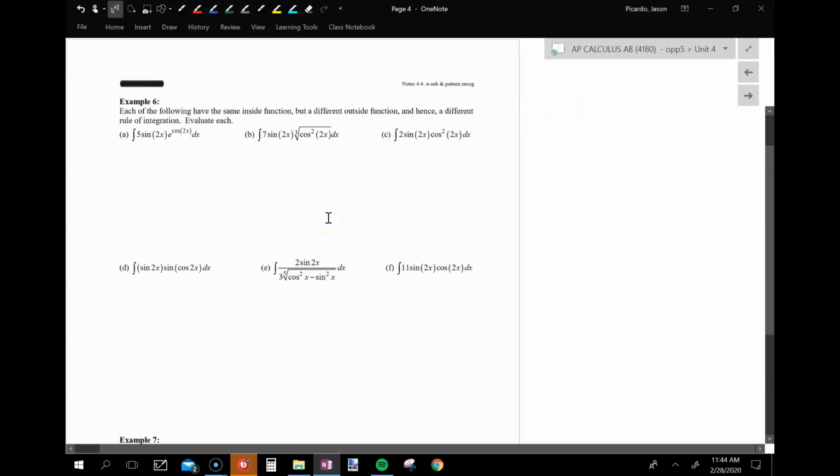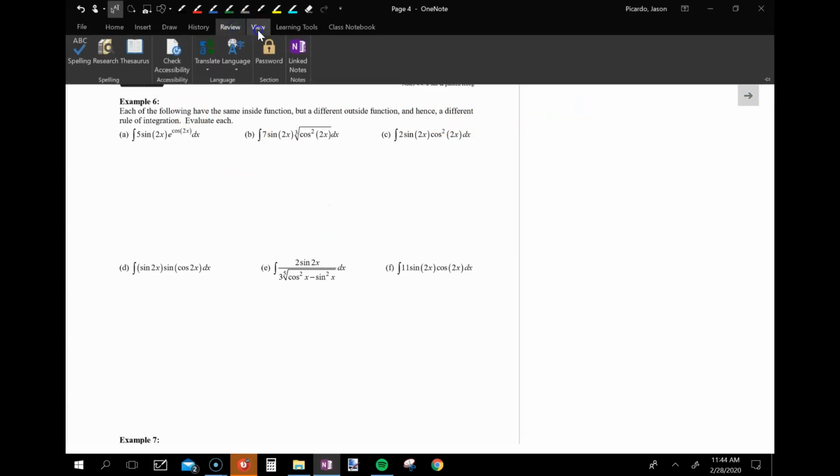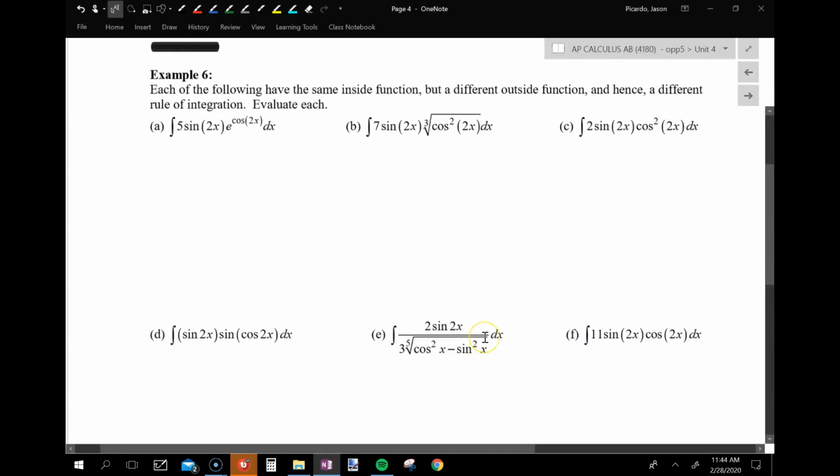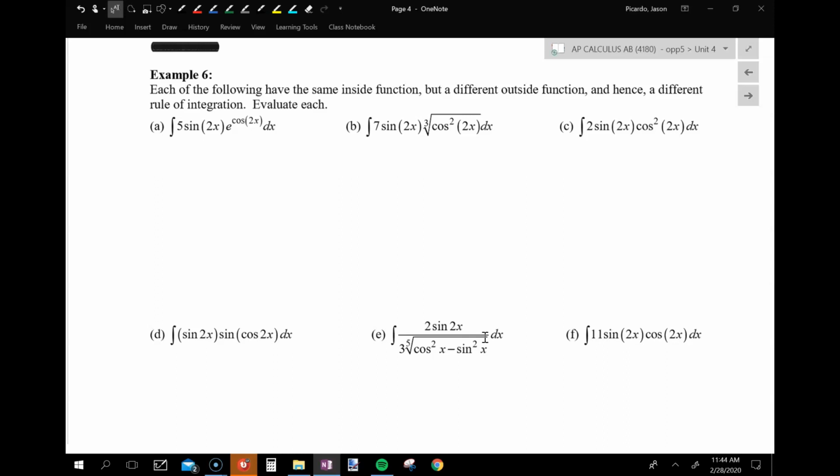Okay, now in each of these problems, guys, I'm going to have the exact same value of u. Okay? Anybody want to venture a guess as to what that value of u is going to be?